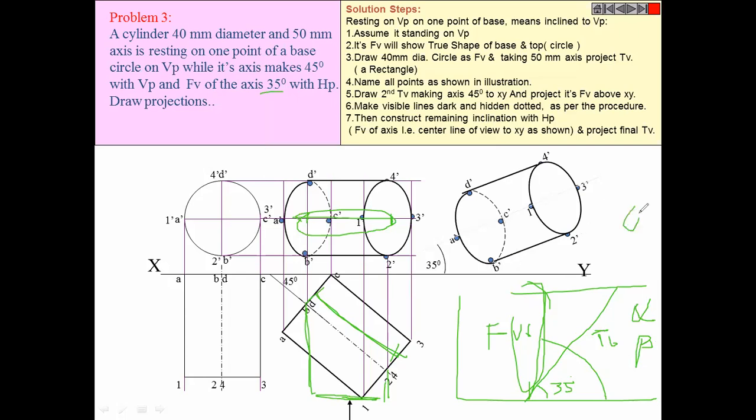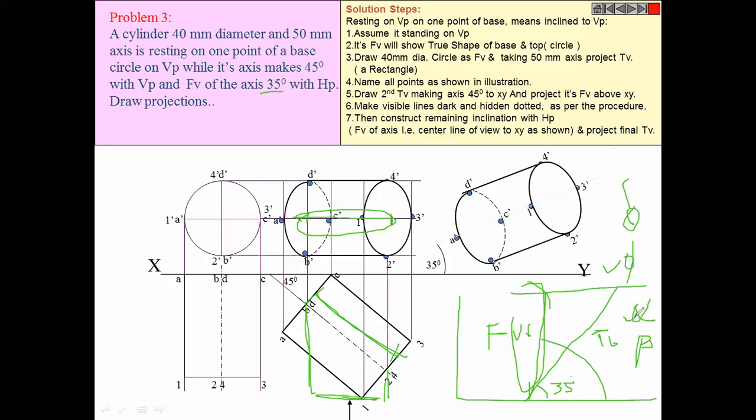Alpha, beta, theta, and phi we are having. Theta is, tell me, theta is the true inclination with HP, correct. Phi is the true inclination with VP.